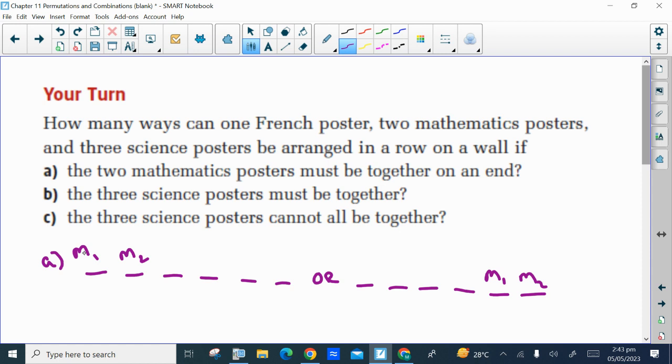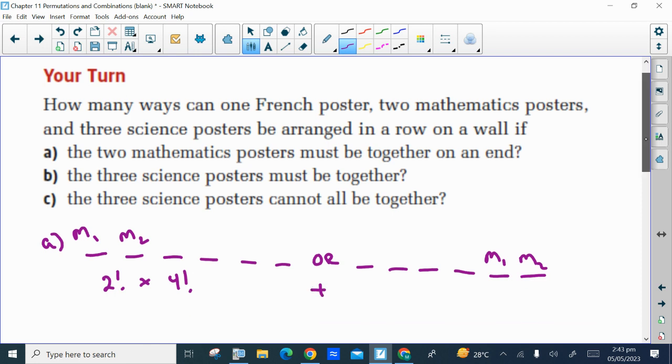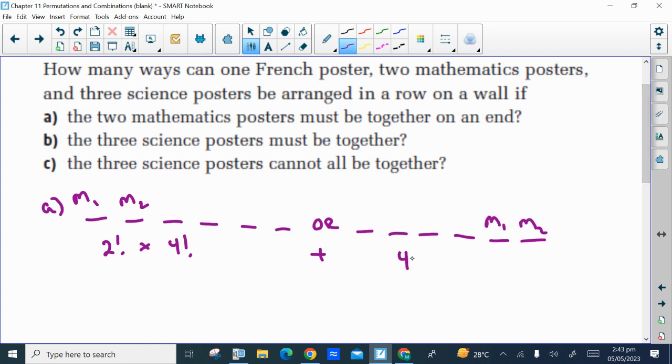So there's 2 factorial ways that the math posters can be arranged amongst themselves. Times, you have 4 remaining posters that can be arranged in any order, so that could be in 4 factorial ways. Remember, or means plus. This next one will be 4 factorial times 2 factorial, which is the same as 2 factorial times 4 factorial.